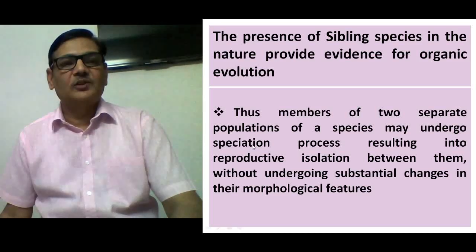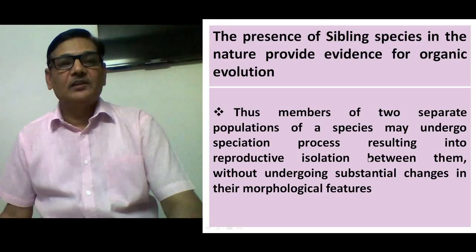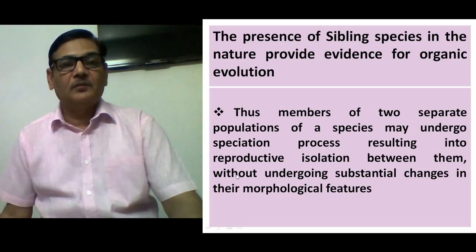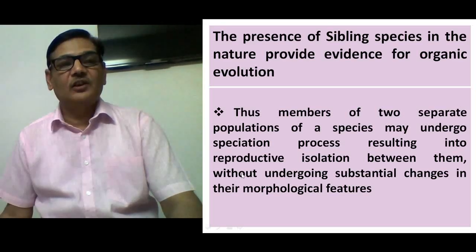Such populations which get separated and remain separated for a long time will be independently accumulating mutations or genetic changes. So they may undergo the speciation process, resulting in reproductive isolation between them. But at the morphological level, at their external appearance or phenotypic level, they do not undergo substantial change.